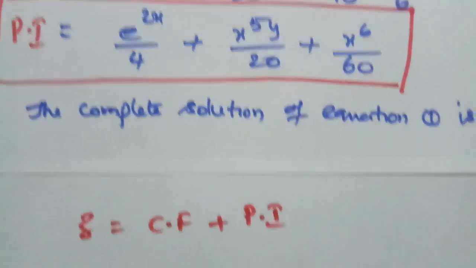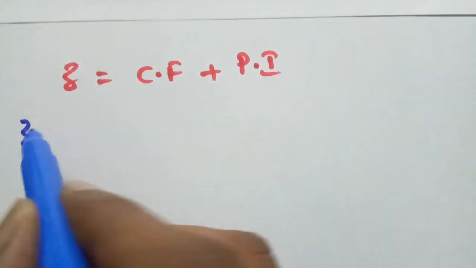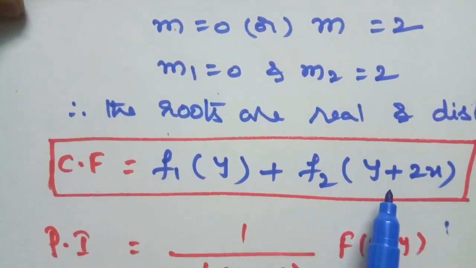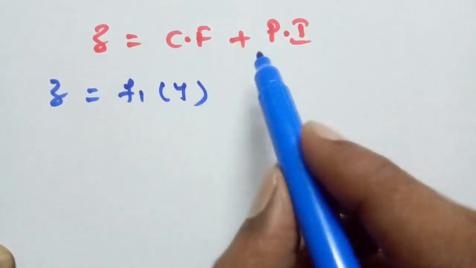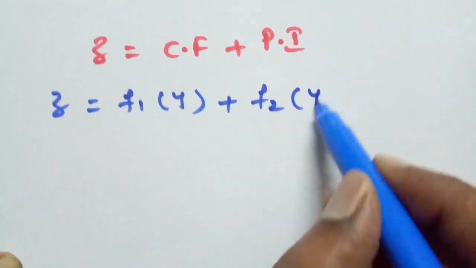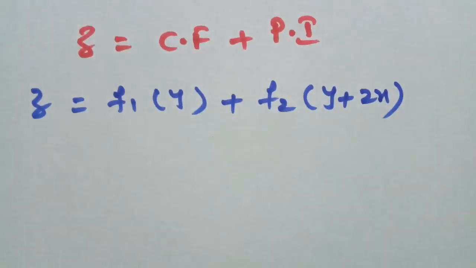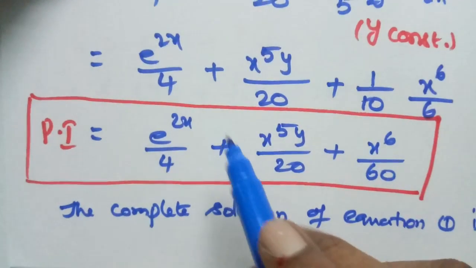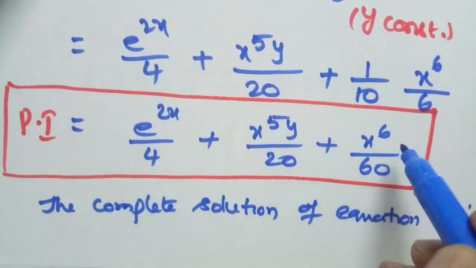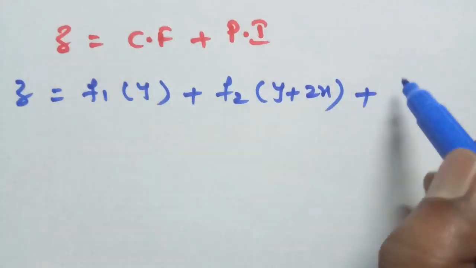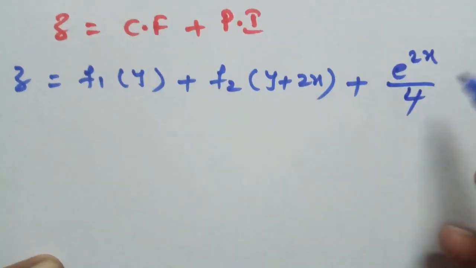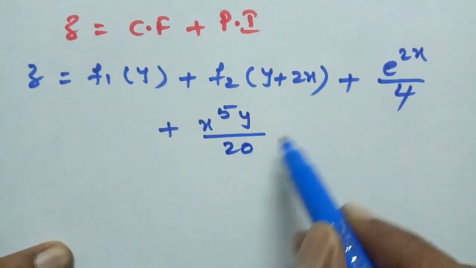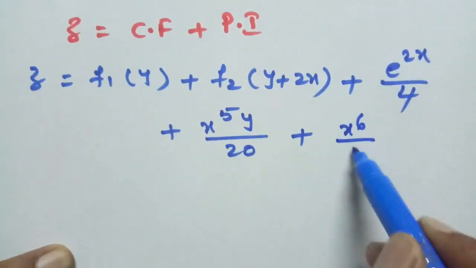Therefore z is equal to, what is the complementary function? f1 of y plus f2 of y plus 2x. f1 of y plus f2 of y plus 2x, plus particular integral, which is e power 2x by 4 plus x power 5 into y by 20 plus x power 6 by 60. e power 2x by 4 plus x power 5 into y by 20 plus x to the power of 6 by 60.